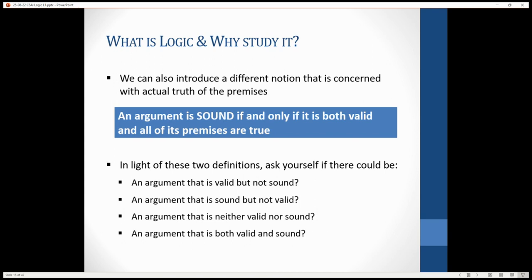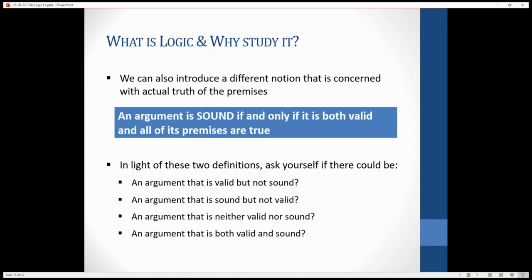Yeah, if we tweak that one a little bit, right, we can easily turn that one into an invalid, unsound argument, right? Just have Nathan's not human or something like this. Right? Again, nice. How about last one? Argument that's both valid and sound? Better hope to God we have it. Otherwise, this is a real empty definition.